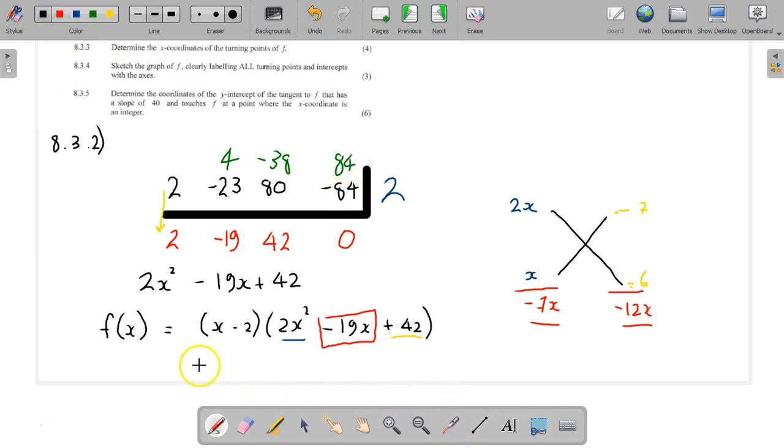So then f of x can be further written as 2x minus 7 into x minus 6 into x minus 2. Okay, and that is how it gets fully factorized.